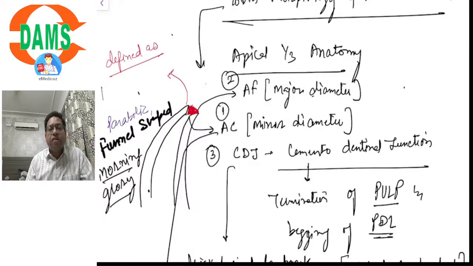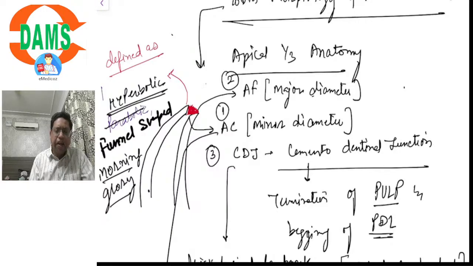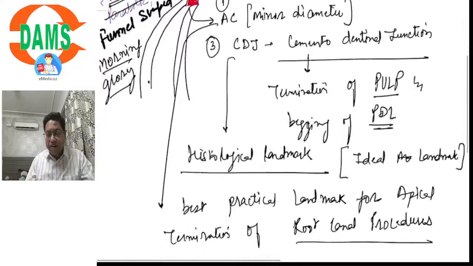We call it either funnel shaped, morning glory, or sometimes instead of parabola, a better term would be hyperbolic in shape. These are the three terms that are used to define the shape of the space that exists between the apical constriction and the apical foramen.